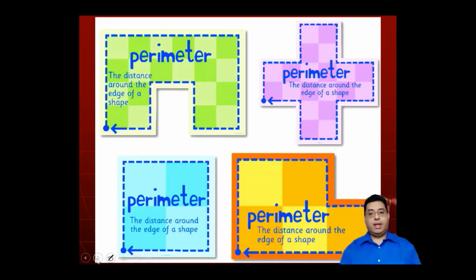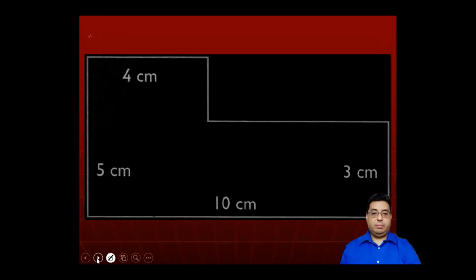And here I just have different examples of other types of perimeter. These are shapes that we would call irregular shapes. Most of them are rectangular in form, and you're going to have to find the perimeter by figuring out the distance around the edge of the shape. So I've got an example here of how to do that.